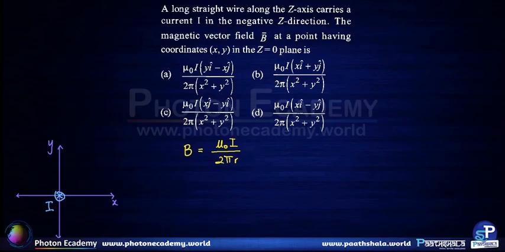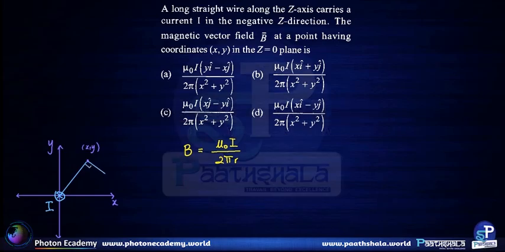Now, if we had some point x, y, then the magnetic field would be along this line, which is perpendicular to the line joining x, y to the origin. Let us say that this slope is m1 and this slope is m2.